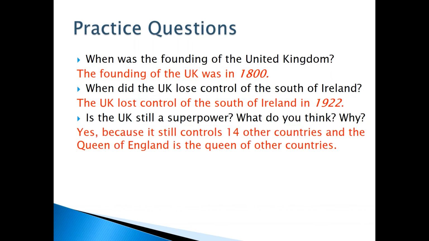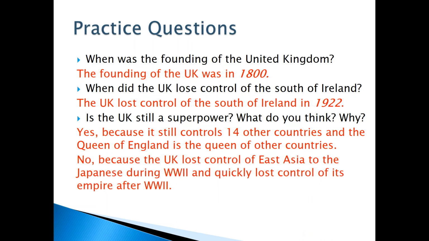Yes, because it still controls 14 other countries and the Queen of England is the Queen of other countries. No, because the UK lost control of East Asia to the Japanese during World War II and quickly lost control of its empire after World War II.